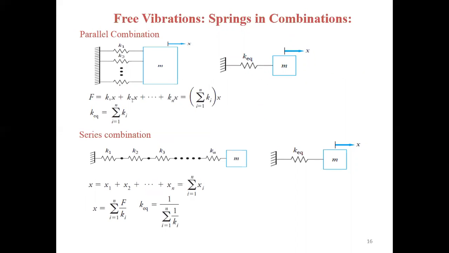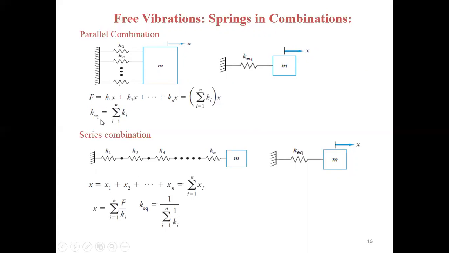Now the spring combination: if more than one spring is used, then what happens? If the springs are used in parallel, then the equivalent stiffness of the springs is the summation of all stiffnesses.